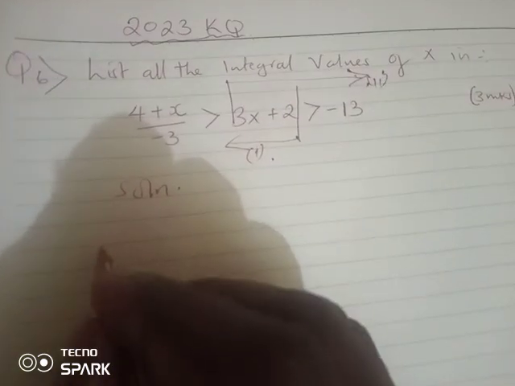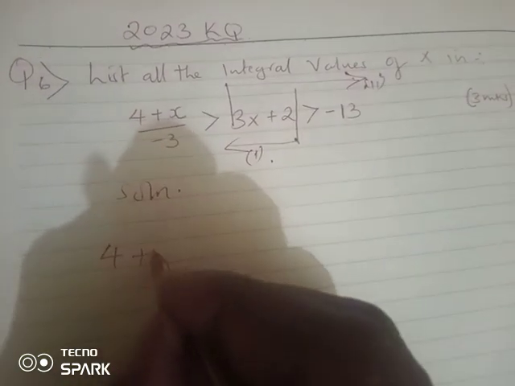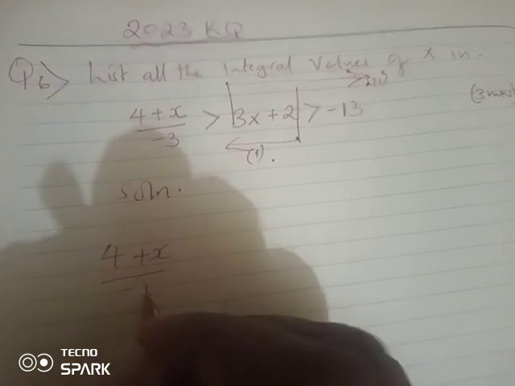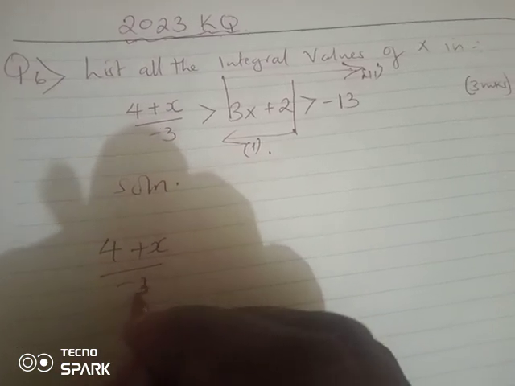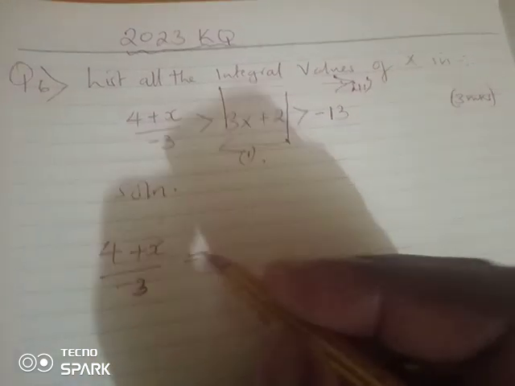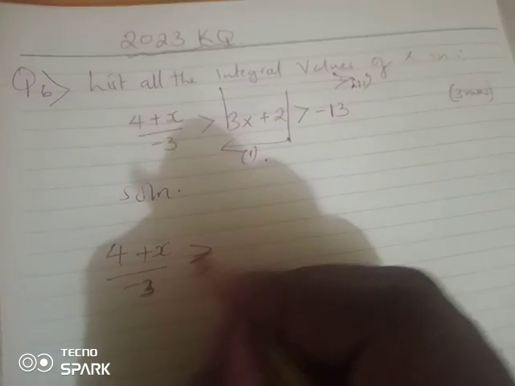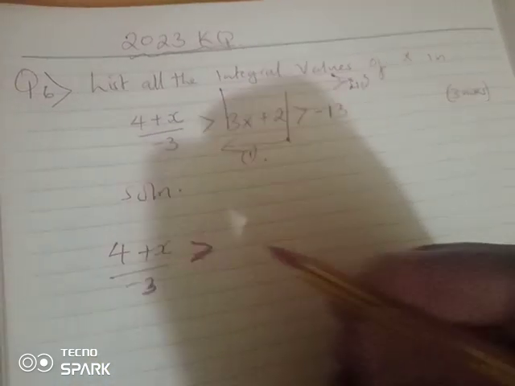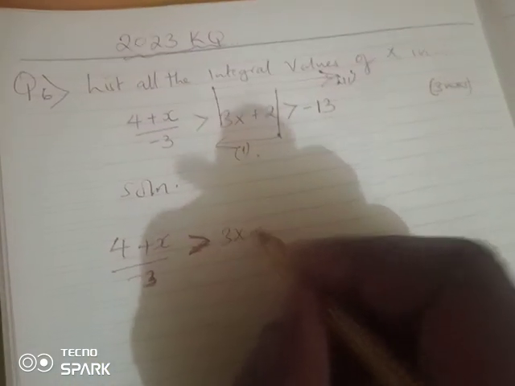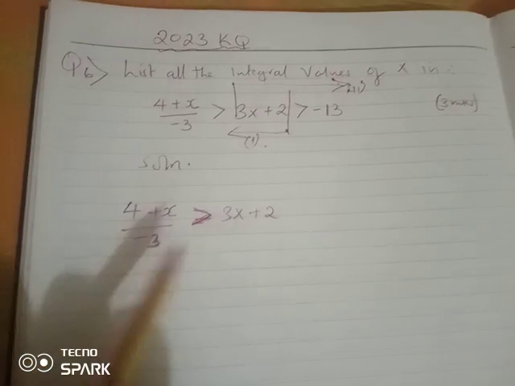So what am I going to have here? (4 + x)/(-3) is equal to, not equal but greater than 3x + 2. Please, to err is human.